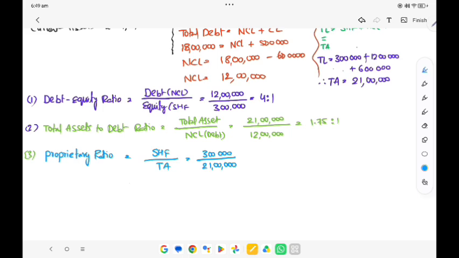So to avoid confusion and simplify easily, we can multiply by 100 also. When you are using 100, you can say it in percentage: 14.28%.